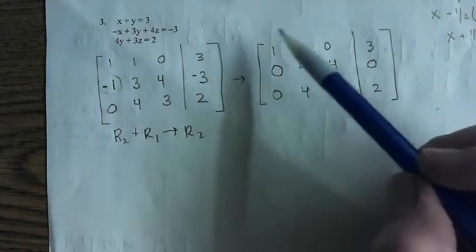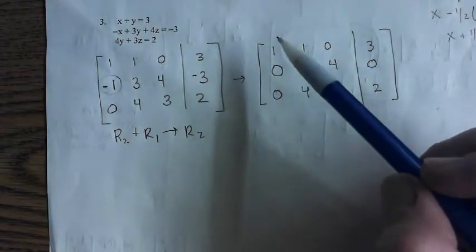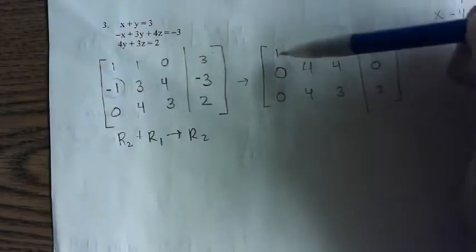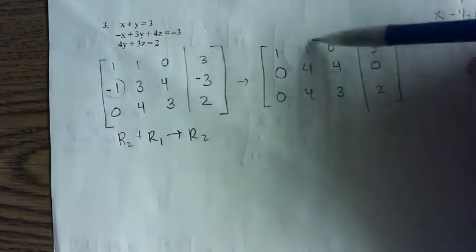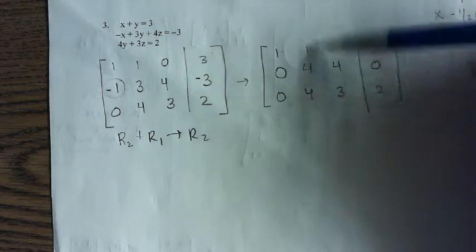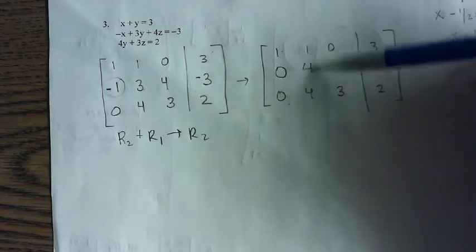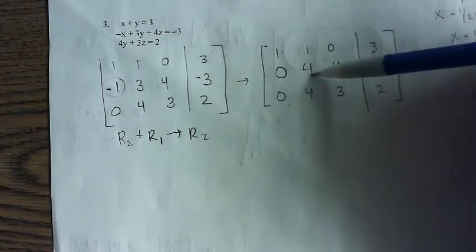But you always want to get your 1 in place in each column first. So I got my 1 in place and I zeroed out everything else. I want to get my 1 in place here. So which one of these numbers should be the 1? The first 4, exactly. So that's really what I want to tackle next. Then I'll worry about the zeros. Are you good with that? Okay. So how, Sarah, would I get that to be a 1?